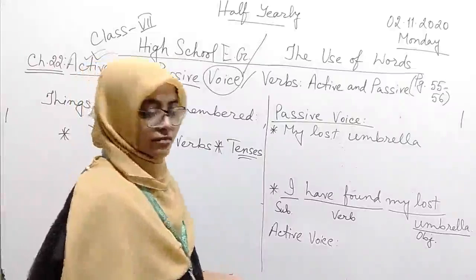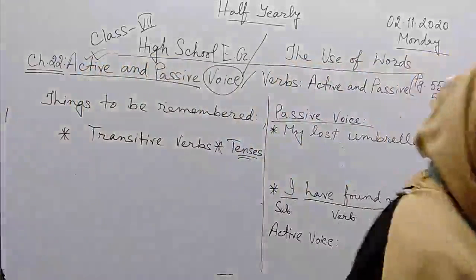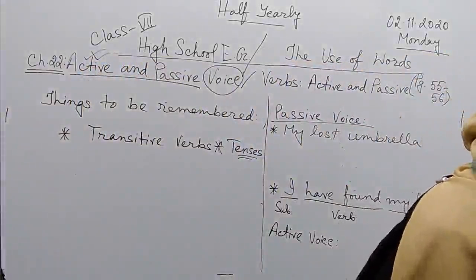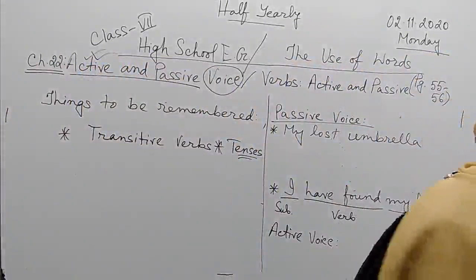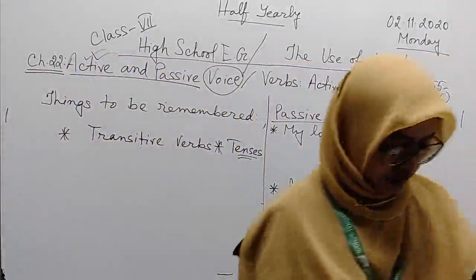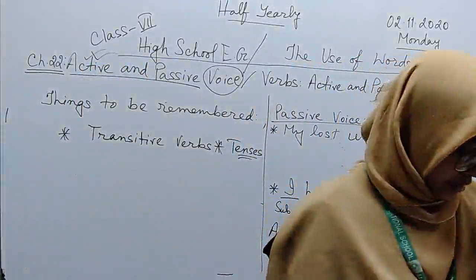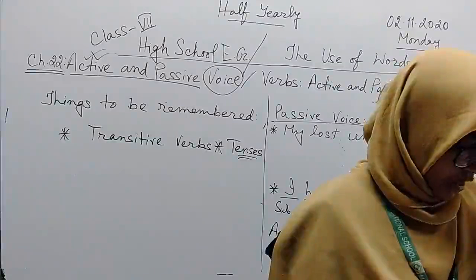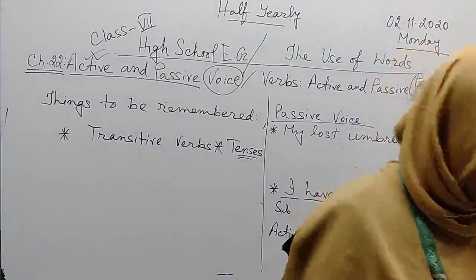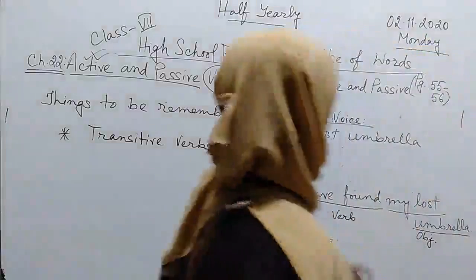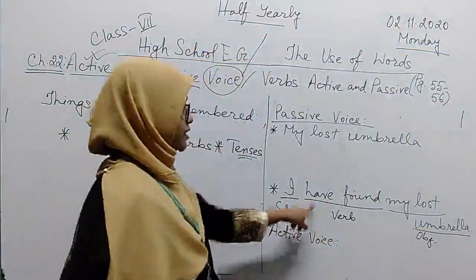You can study it before our next class. Chapter 24. It is better that you study it. Just read it once. Reading it once will do. Then we will have an elaborate discussion. Okay. So this is in the present perfect.